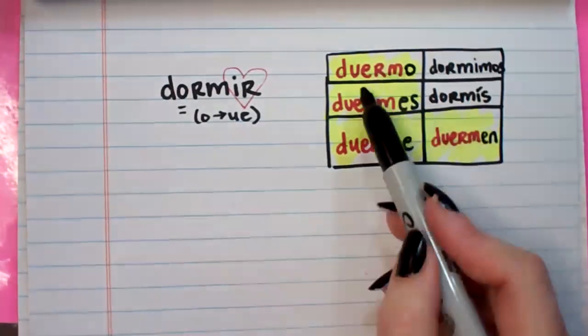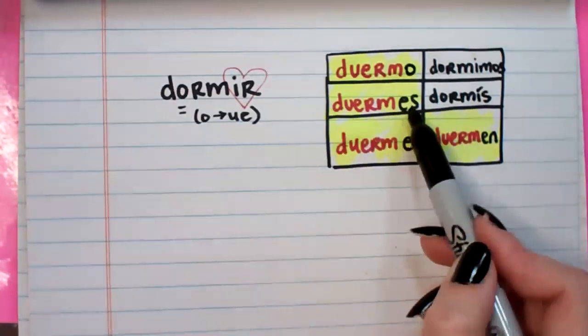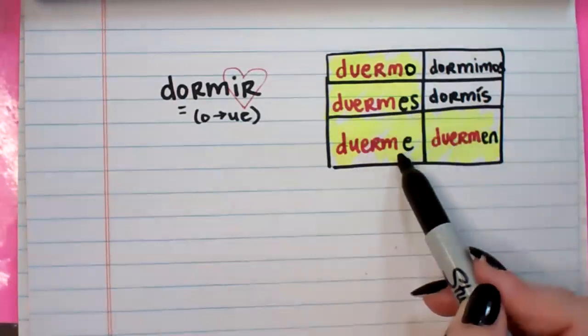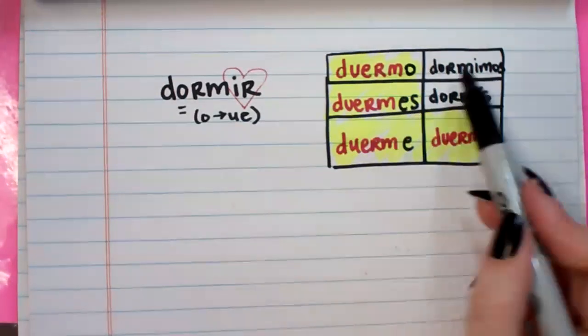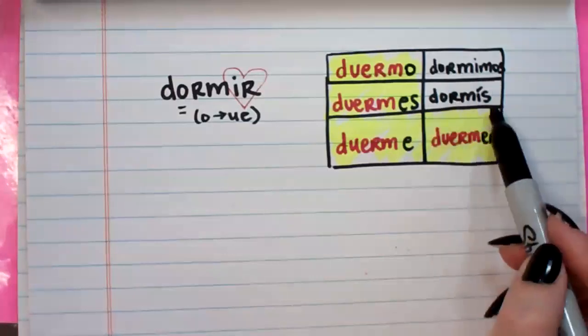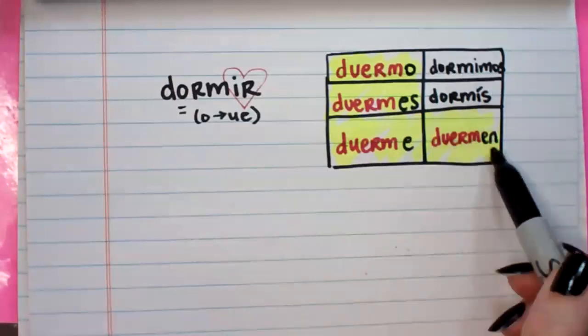So duermo is I sleep. Duermes is you sleep. Duerme, he or she sleeps. Dormimos, we sleep. Dormís, y'all sleep in Spain. And duermen, they sleep or y'all sleep.